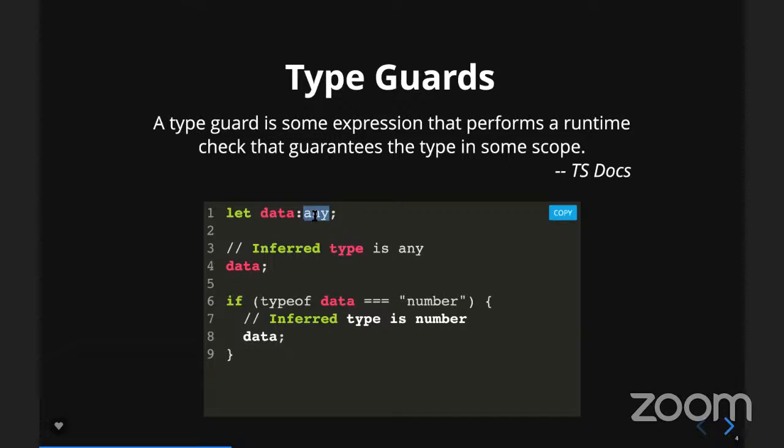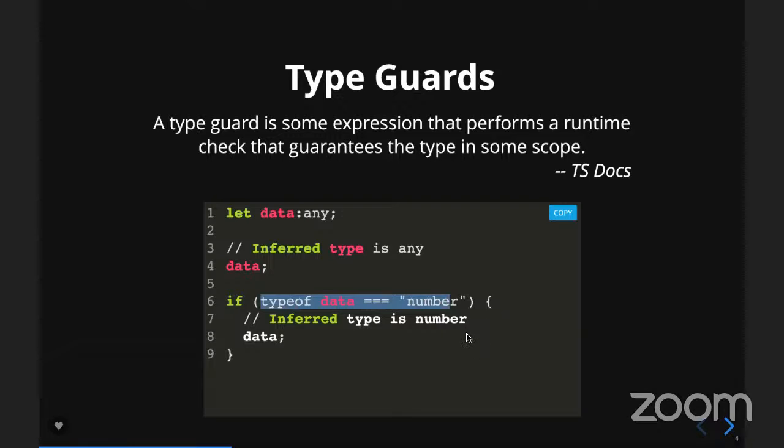But if you do something like if typeof data is equal to number, TypeScript will automatically infer the type of data inside this scope as number. Even though the statement runs at runtime, the data type of the data variable is inferred as number at compile time in this particular scope. This is the first-class type guard that TypeScript provides.